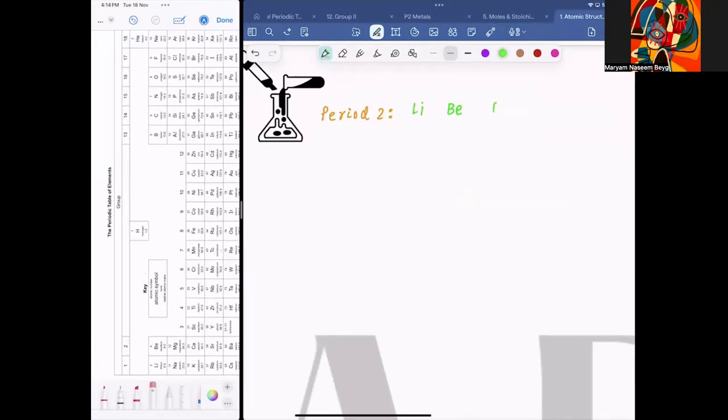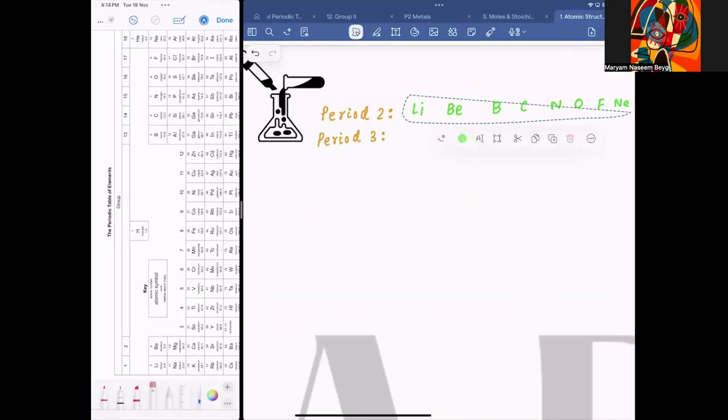Then boron, carbon, nitrogen, oxygen, fluorine, and neon, right? Then in period 3, it starts from sodium.